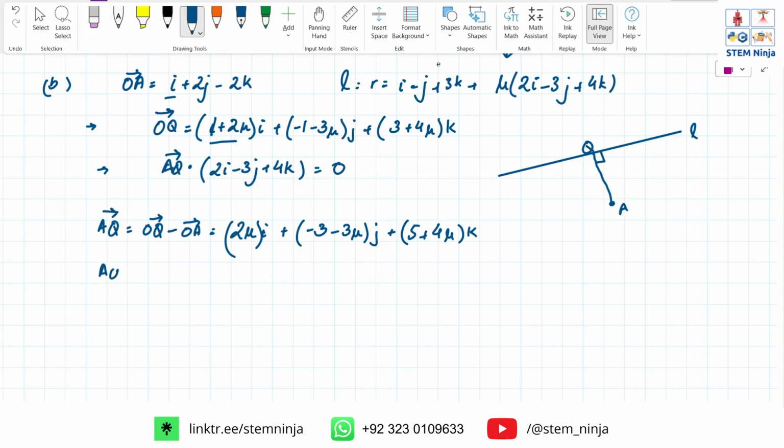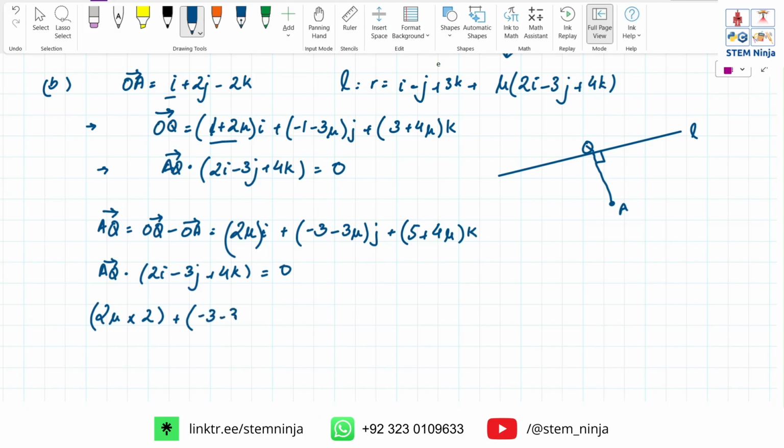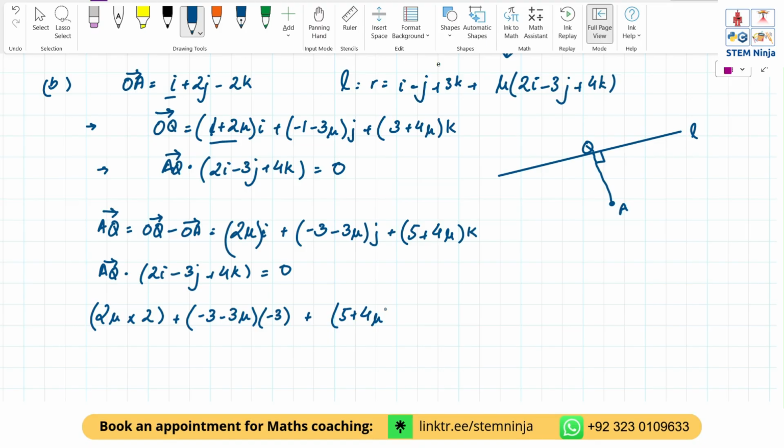Now we apply the second point. So AQ dot the direction vector of line L is 0. So 2 mu times 2, plus minus 3 minus 3 mu times minus 3, plus 5 plus 4 mu times 4 equals 0.